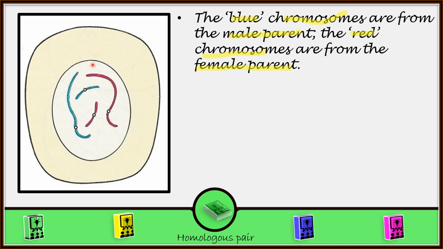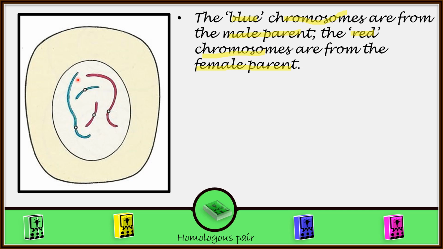So now when we have picked 2 pairs, that means that every pair, for example this long one and this long one, is 1 pair, and this short one and this short one is also the second pair. Of this long pair, one of them, the blue one, came from the sperm, and this one came from the female parent, which is the ovum.